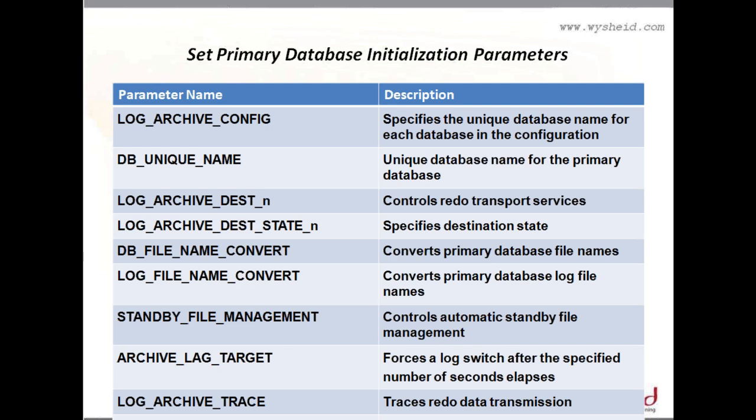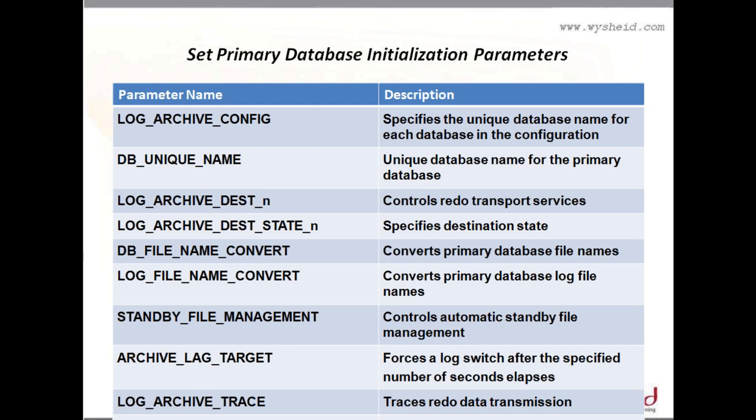Log_archive_dest_N specifies how the redo is transported, from which node to which node, and which background process is doing the transporting. Everything is decided by log_archive_dest_N.